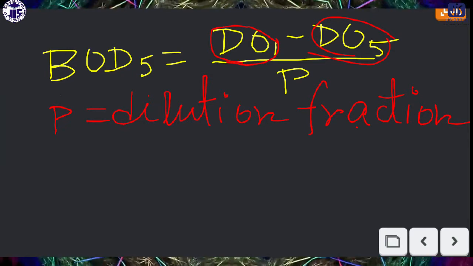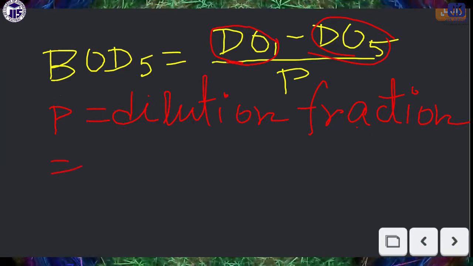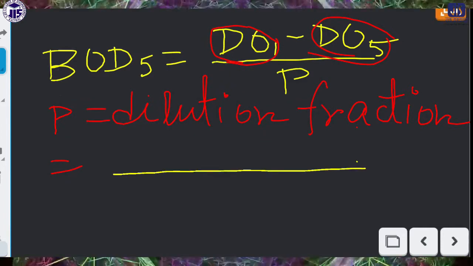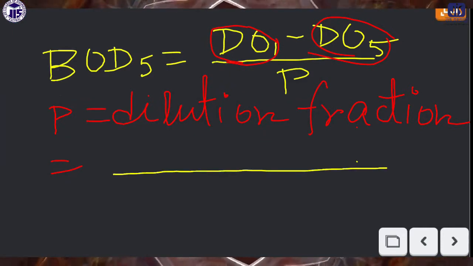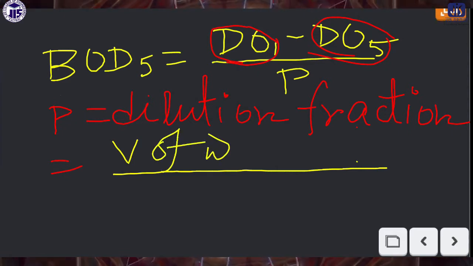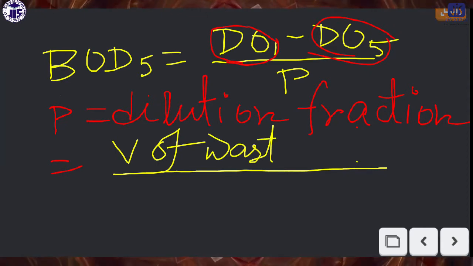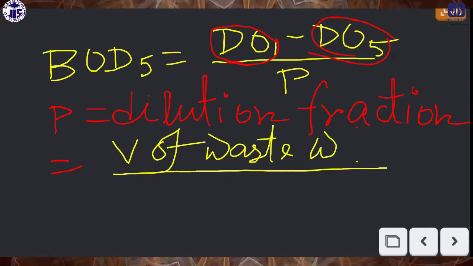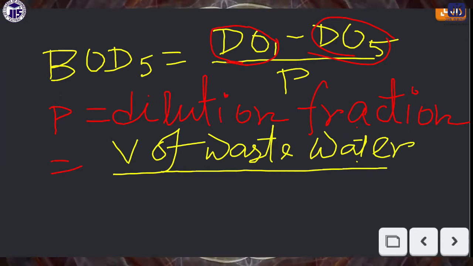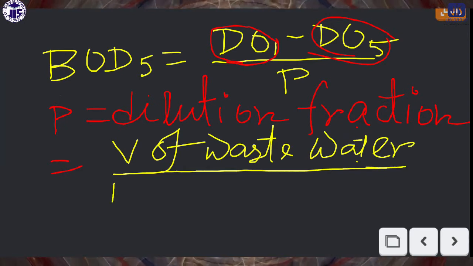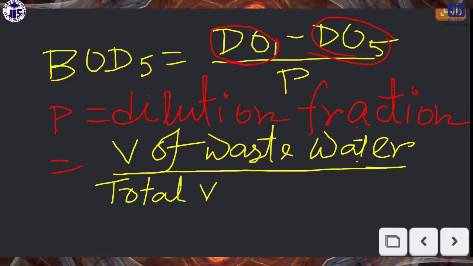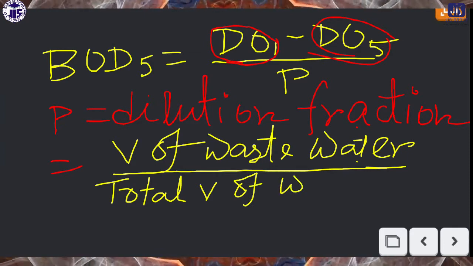P is equal to the volume of wastewater divided by the total volume of wastewater.